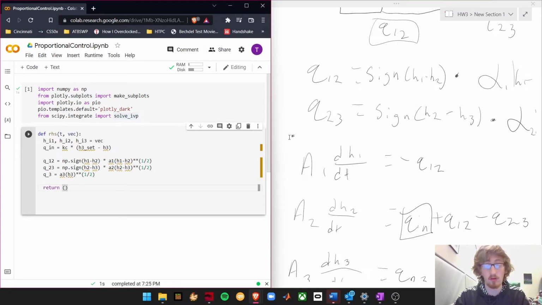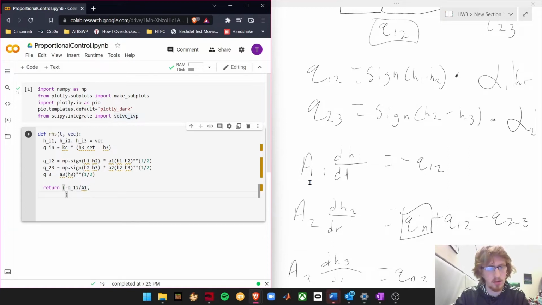We want to return all three of these. So our first one is just going to be negative Q12 divided by our cross-sectional area of tank 1. And then I'll break this up just to make it easier to read.